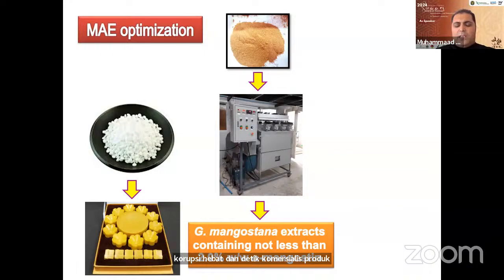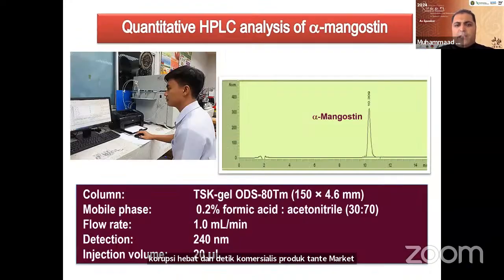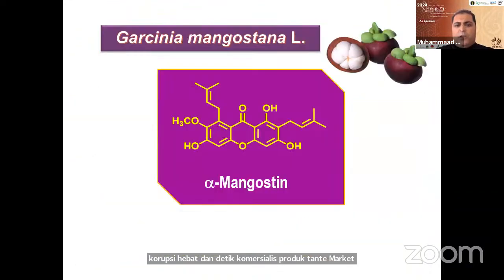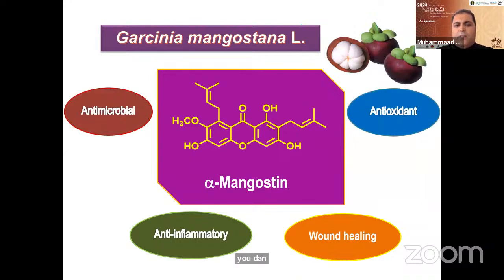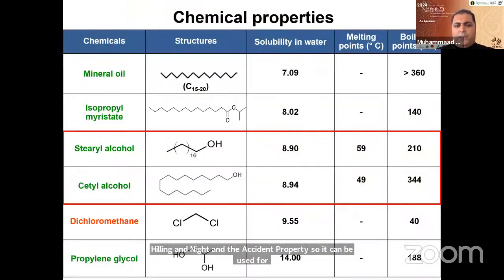Because alpha mangosteen, as I previously told you, has potent anti-inflammatory, antimicrobial, wound healing, and antioxidant properties, it can be used for anti-aging, wound healing, inflammation, and antimicrobial purposes.